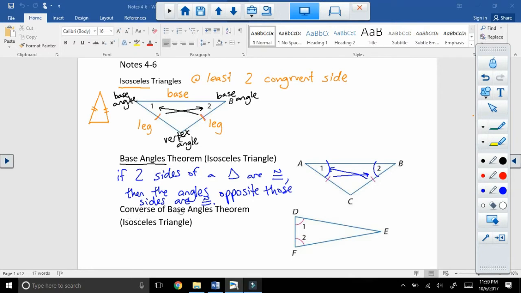The converse of that theorem is also true. Remember, the converse is when you take the hypothesis and conclusion and flip-flop the order of those. So that would read, if two angles in a triangle are congruent, then the sides that are opposite those are congruent also.